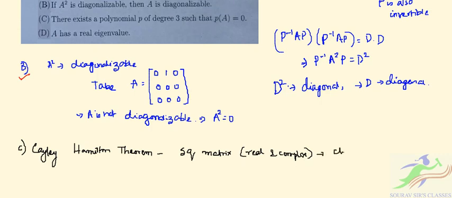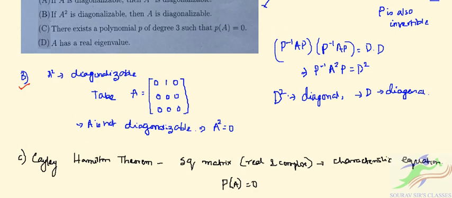This is what the theorem is stating. So when a square matrix is substituted into a polynomial, then this polynomial P of A equal to 0, which is already the statement given in option C. So option C is true.